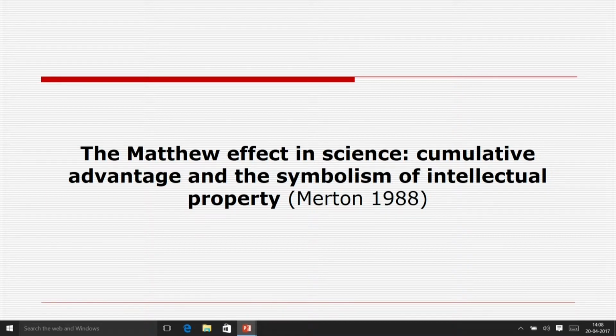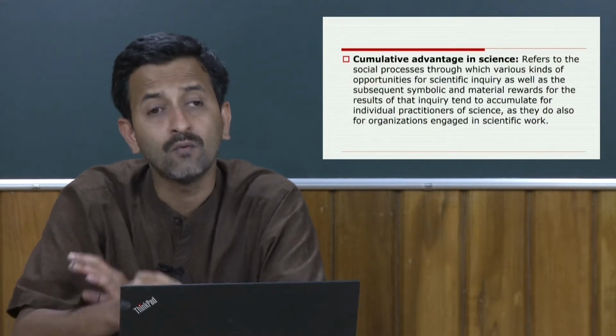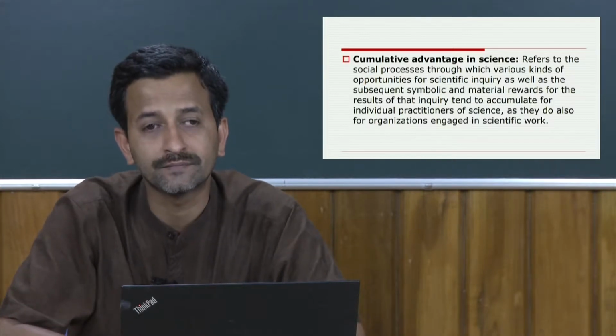When we discuss these two aspects against the backdrop of the Matthew effect in science, namely cumulative advantage on the one hand and intellectual property on the other, what do these two terms reflect on?